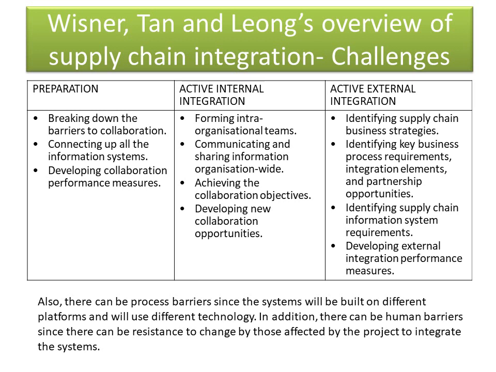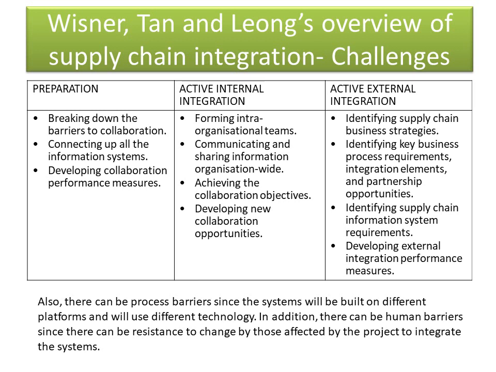Then we need active internal integration, forming intra-organisation teams, communication, sharing information, collaborating, developing new collaboration opportunities. And finally, we need active external integration, where we identify supply chain strategies, identify business process requirements, identify supply chain information systems, and develop external integration performance.